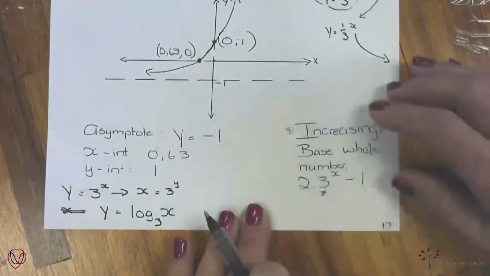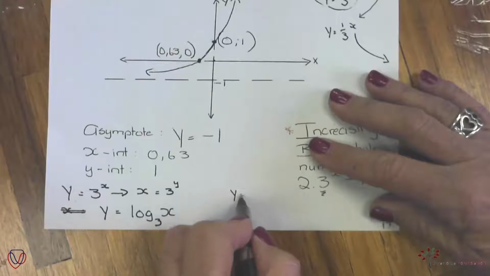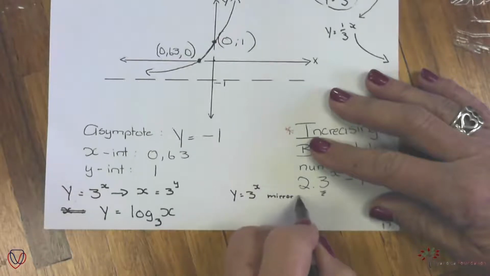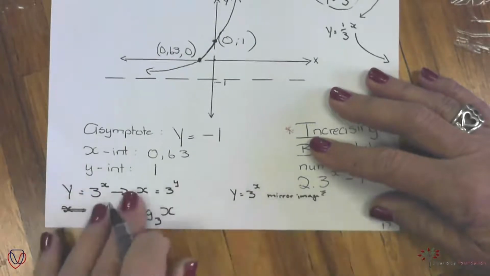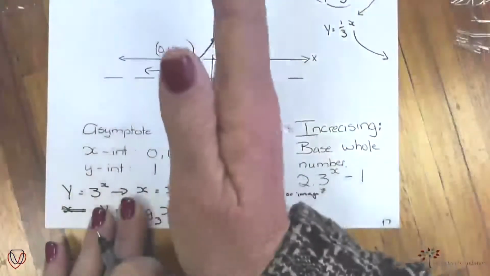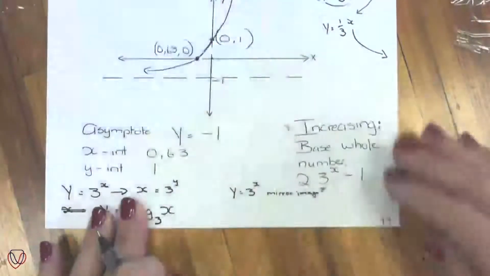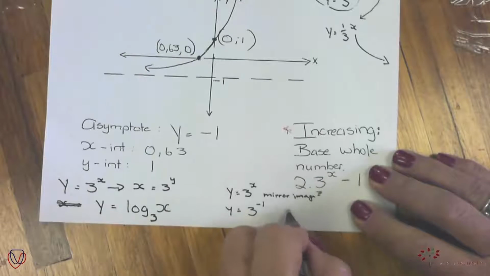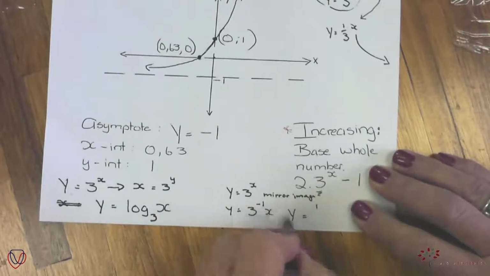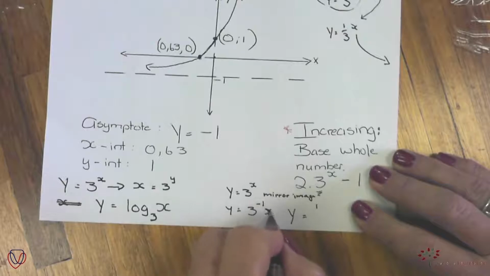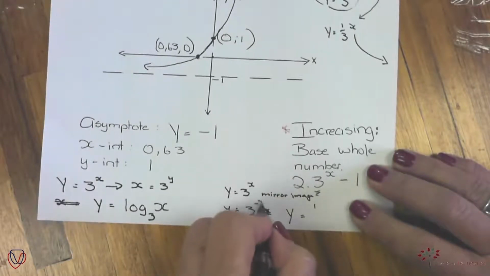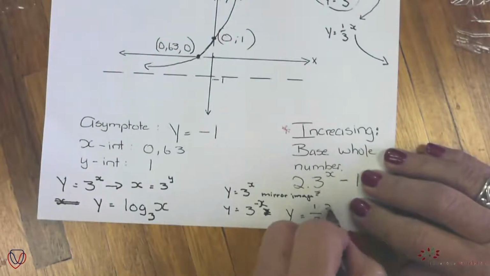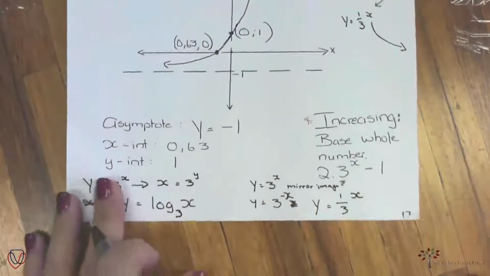But if I ask you for the mirror image in the x-axis, the positive x will become a negative x. So in this case, y is 3 to the power negative x, and that becomes y is 1 over 3 to the power positive x.